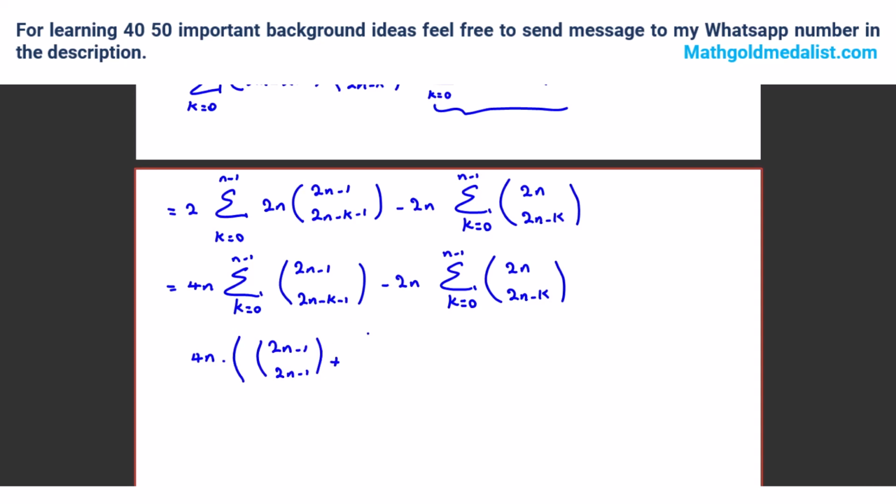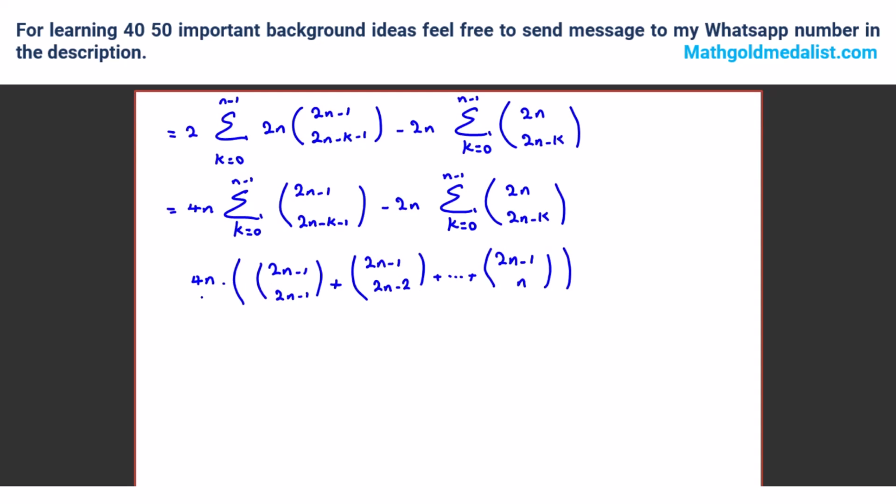If you replace k with 1, it would be what? If you replace k with n minus 1, it would be what? Exact. And this part would be what?